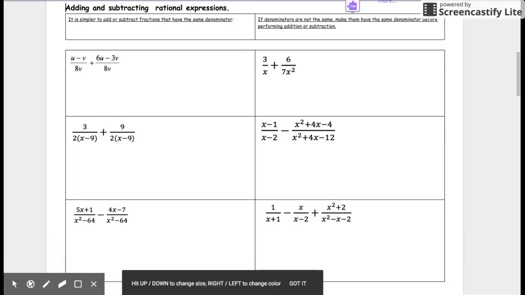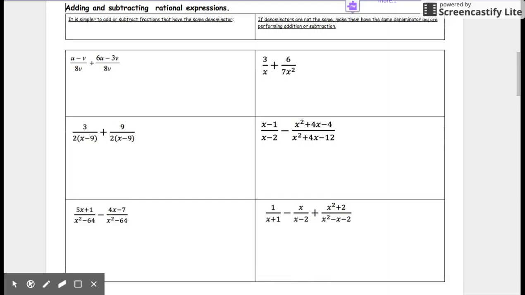So let's start with the first example here. I have (u minus v) over 8v plus (6u minus 3v) over 8v. They have the same denominator, so all we need to do is add the numerators. So I could put this in a single fraction, u minus v plus 6u minus 3v all over 8v.